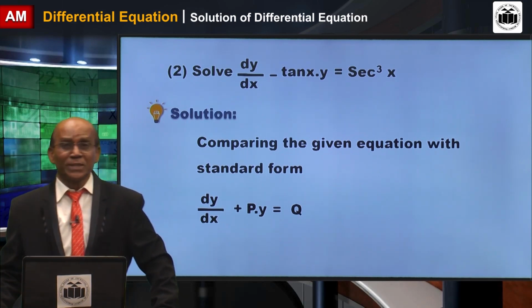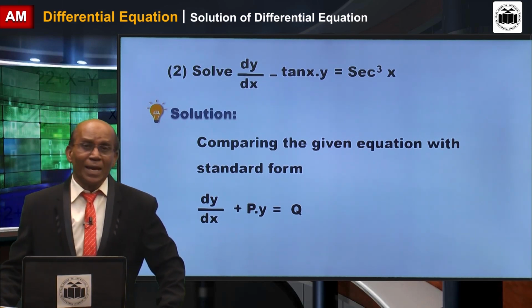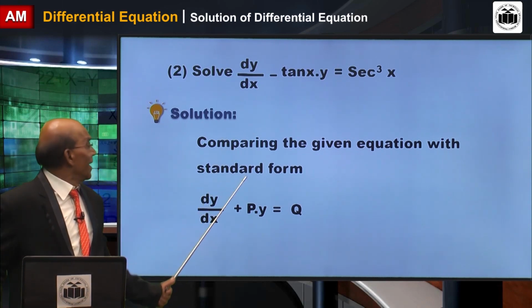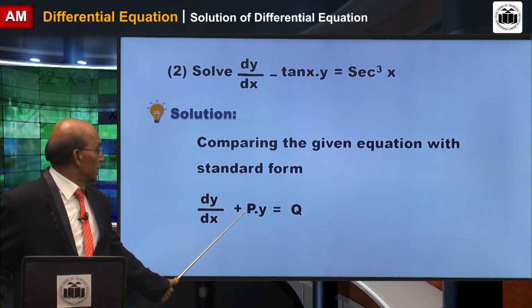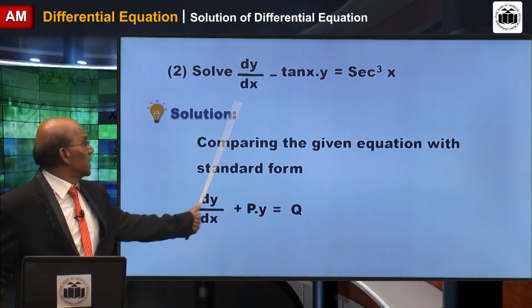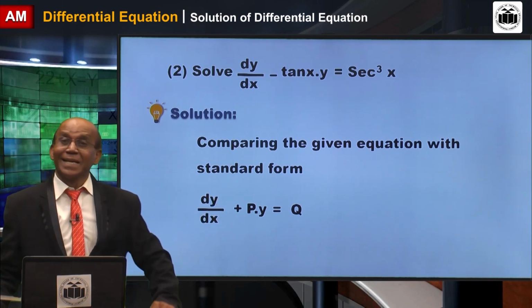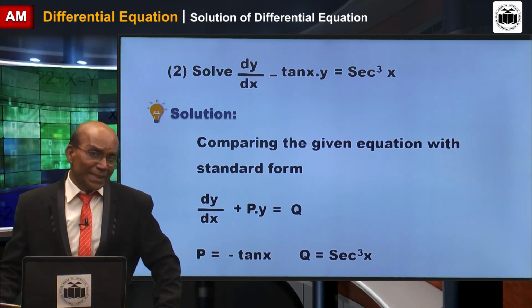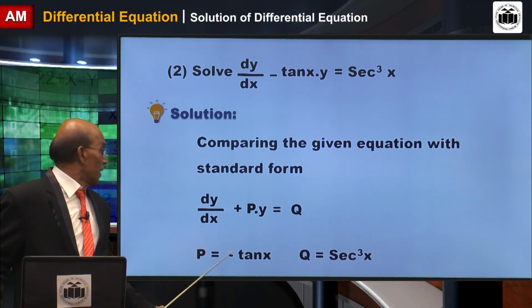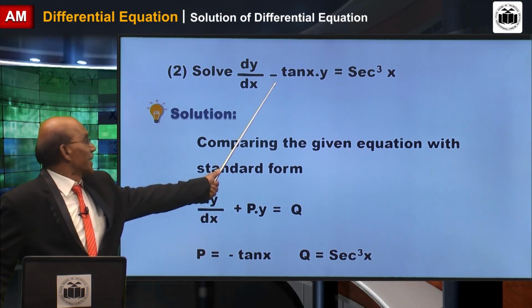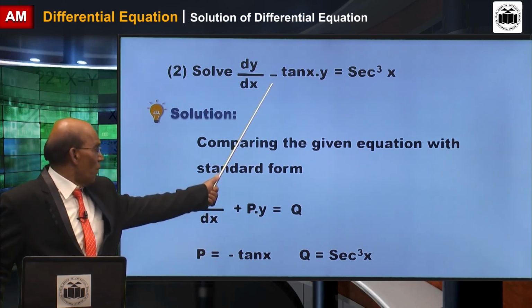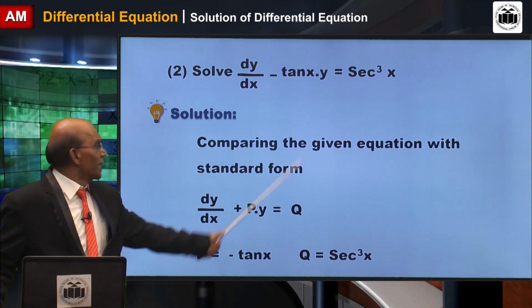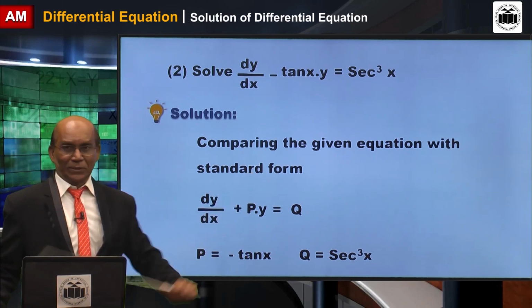So we come to p equals minus tan x, the coefficient of y, and the value of q on the right hand side is sec cube x.